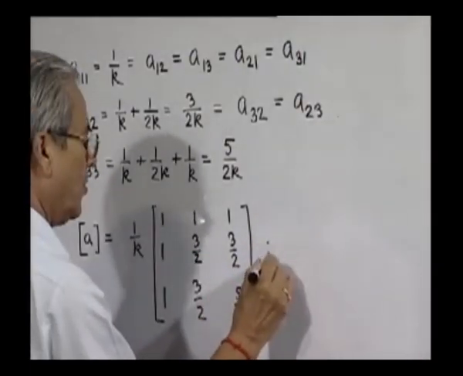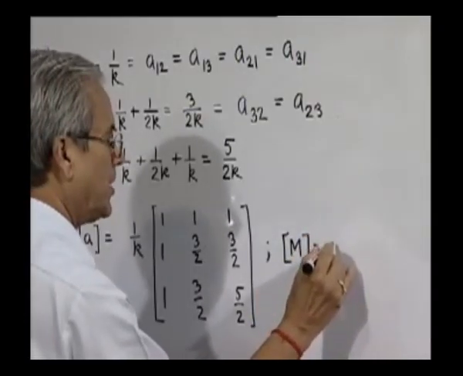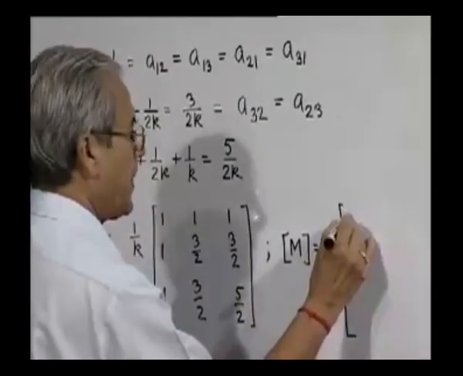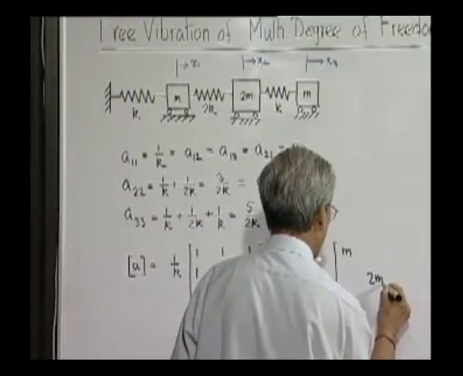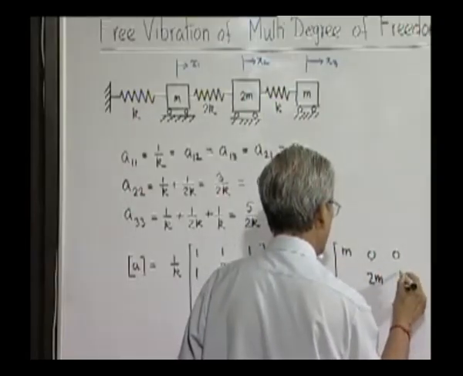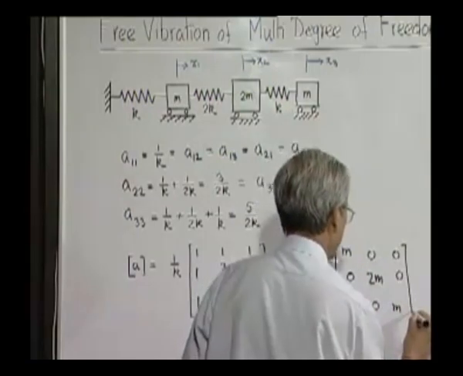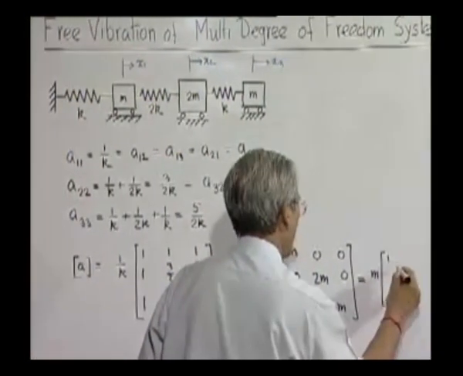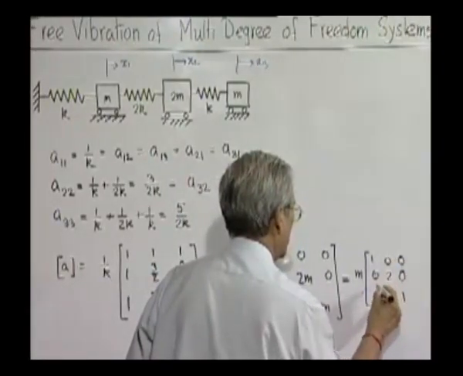We also know the mass matrix. The mass matrix will be simply, first mass is M, second mass is 2M, third mass is M, and these other terms are all 0, because the mass matrix is a diagonal matrix. So, this is nothing but M into 1, 2, 1, with zeros elsewhere.